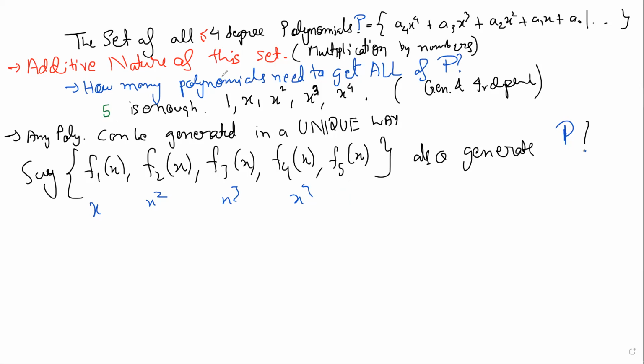No, if you take x plus 1, no. But independent here just means that you cannot write a polynomial in 2 different ways using these things. You cannot have some combination on this side equal to some combination on this side, unless they are term by term the same.